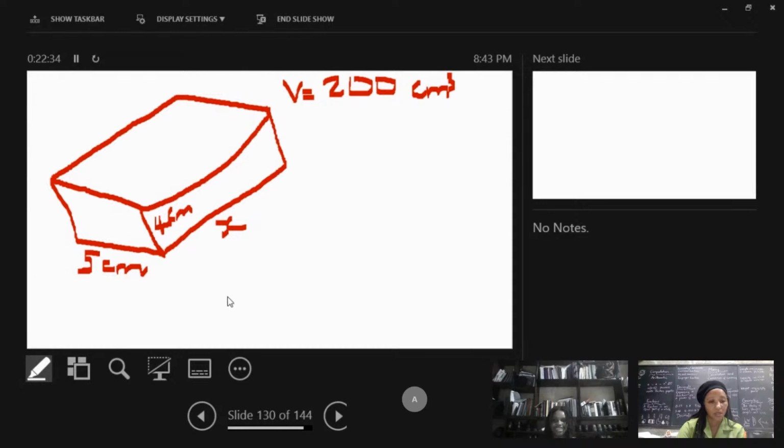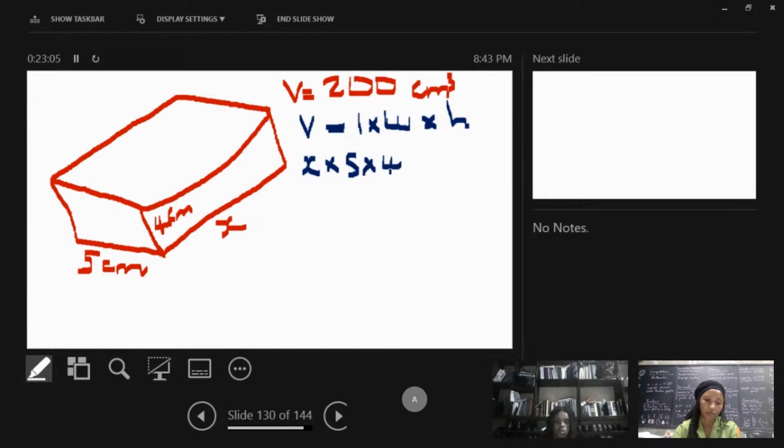Since the volume is base times length times height, we have x times 5 times 4 equals 200. 5 times 4 is 20, so that would be 20x equals 200.